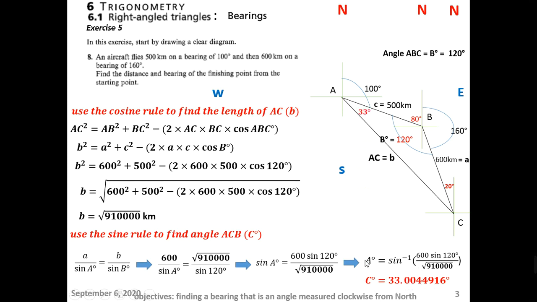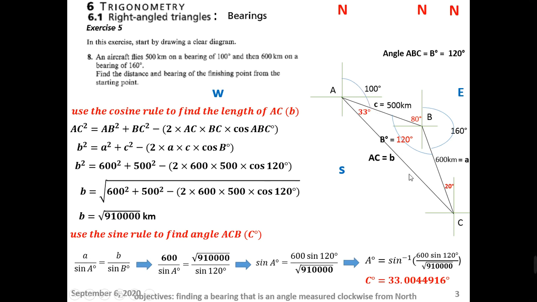Now, we found the distance of AC, and that's what's requested in the first part. And then in the second part, they're asking for the bearing of the finishing point, which is C, from the starting point, which is A. So you're going to start from the north and you keep going until you hit the line that connects the 2 points together, A and C. So this is 100 plus 33.